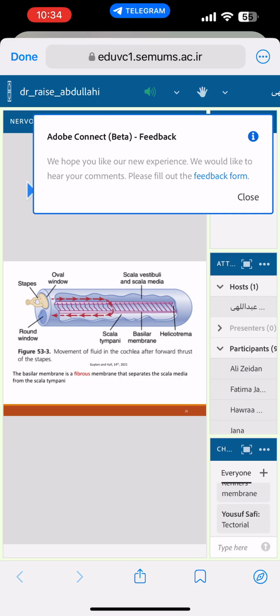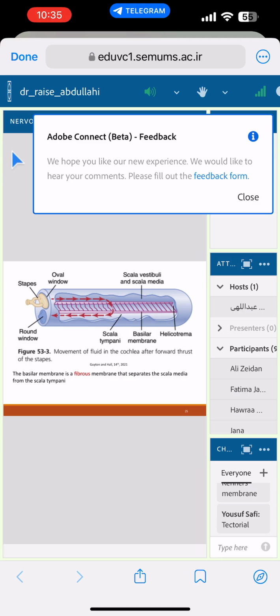The basilar membrane is a fibrous membrane that separates the scala media from the scala tympani. And now you know that this is oval window and this is a stapes ossicle, which is connected to the malleus and incus, and which in turn are connected to the eardrum or tympanic membrane.